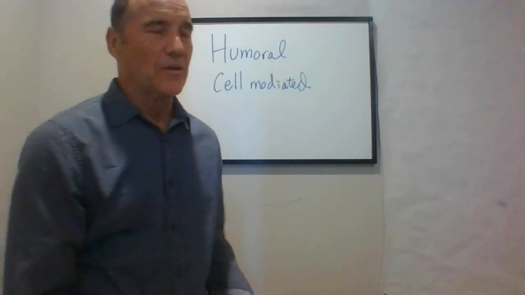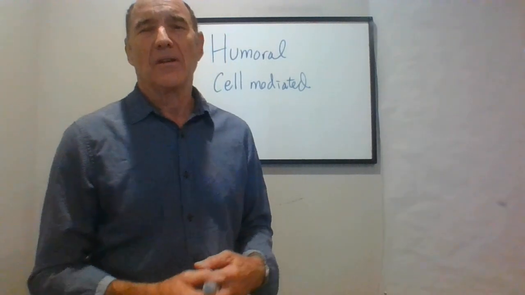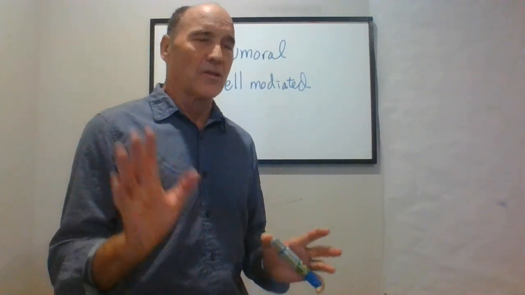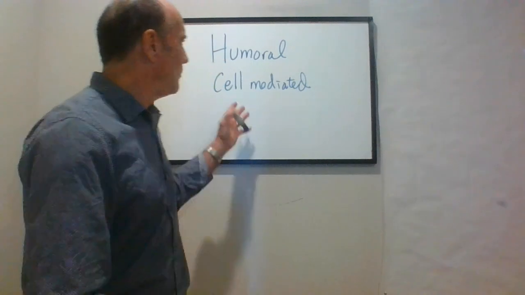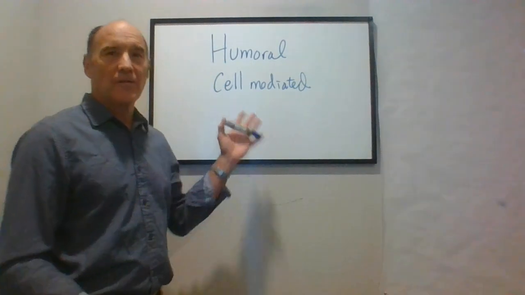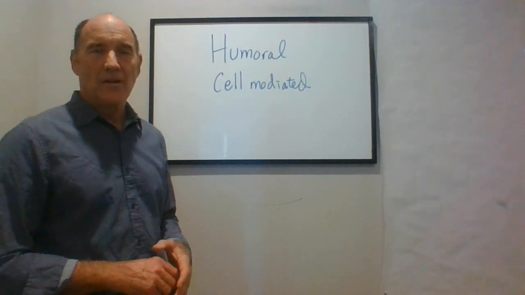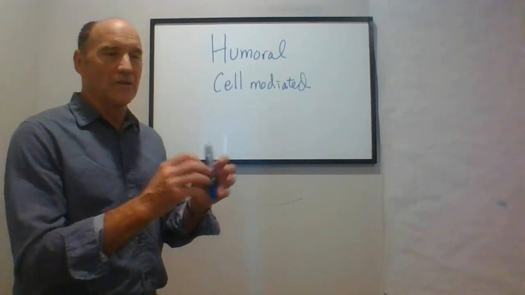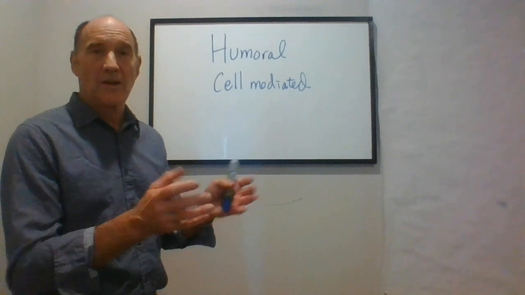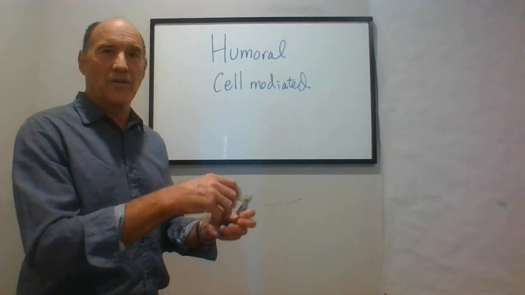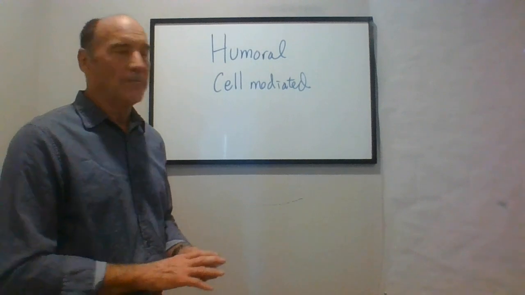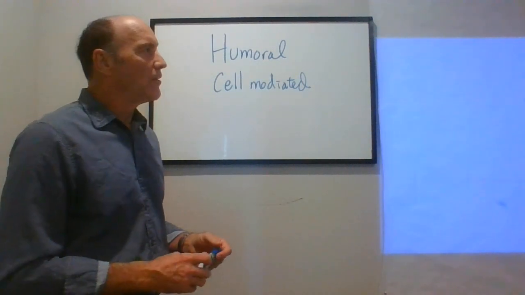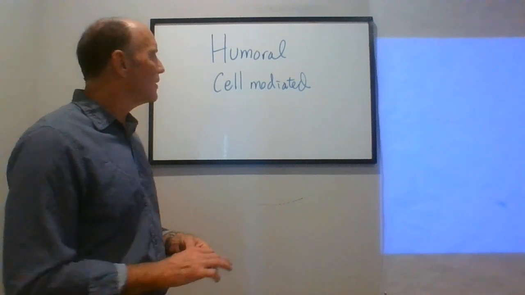You have plasma B cells cranking out antibodies. That is termed humoral immunity. Cell-mediated is when you have say a cytotoxic T cell that is destroying a pathogen. It punctures its membrane, puts a hole in it, and water goes into the cell and explodes, if it's a bacteria. That's mediated by a cell. It's mediated by the T cell, okay.